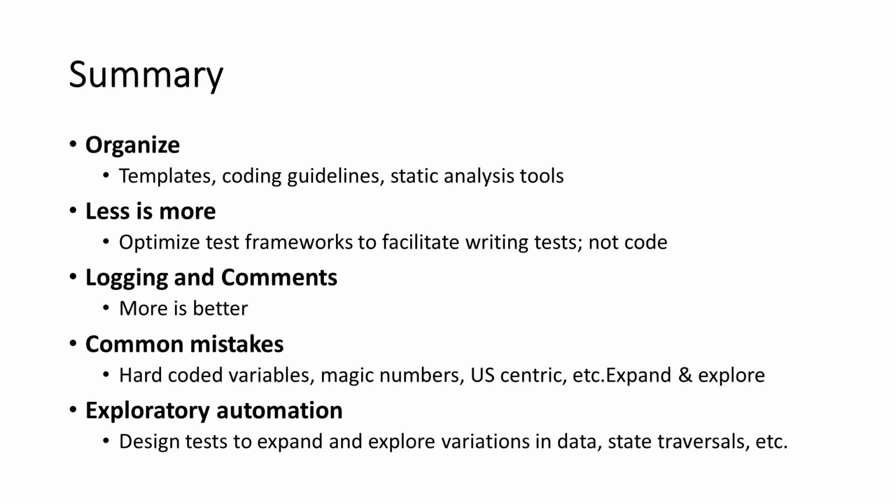If I want my tests to be a little bit more robust, if I want them to provide different but similar information every time that test executes, I want to expand the test data that I'm using, or I want to traverse different states, program states, and achieve the program states through a different traversal, then I need to start thinking about exploratory automation. How can I enrich the value of my automation by doing this?